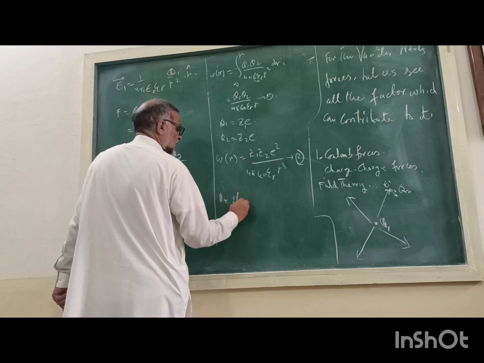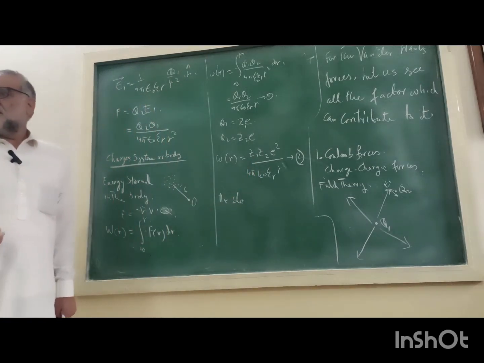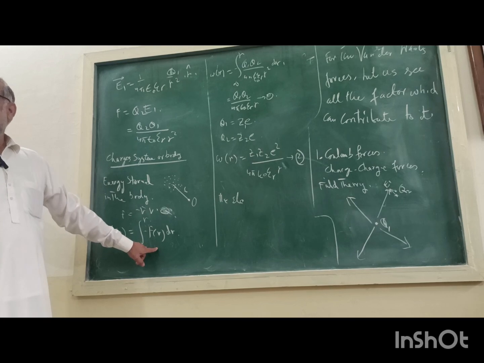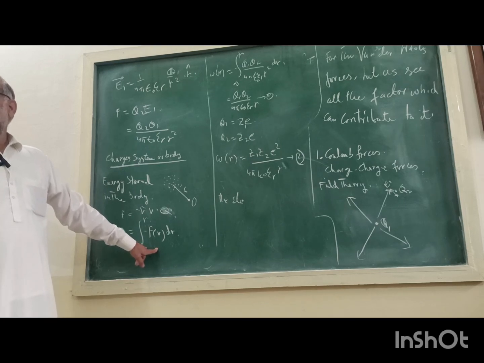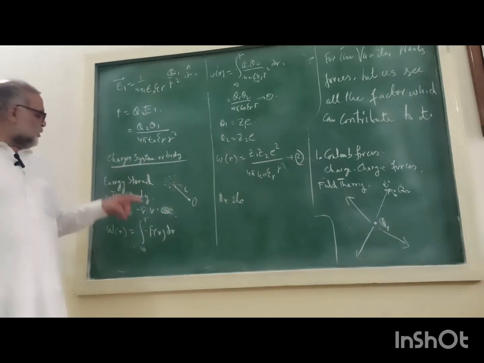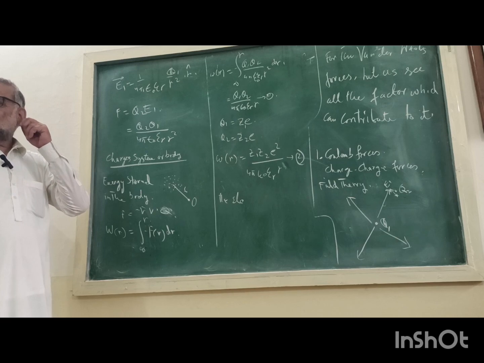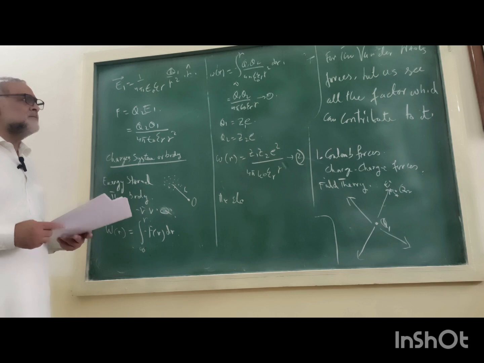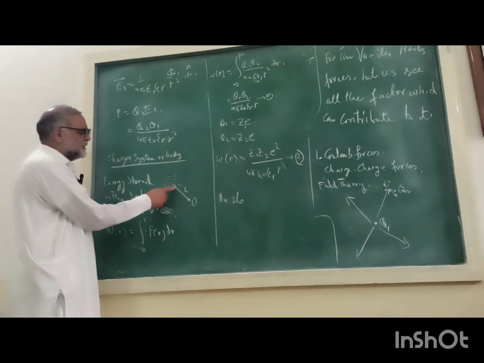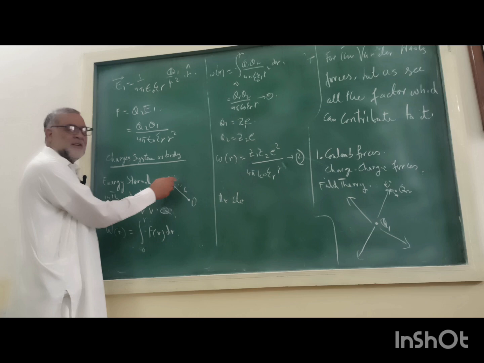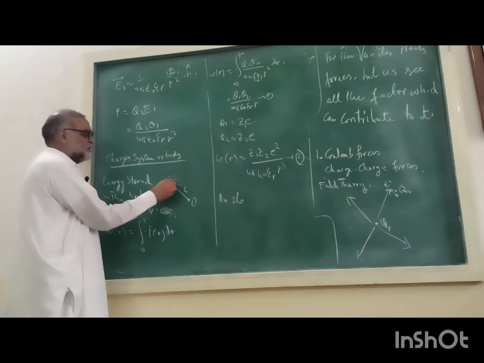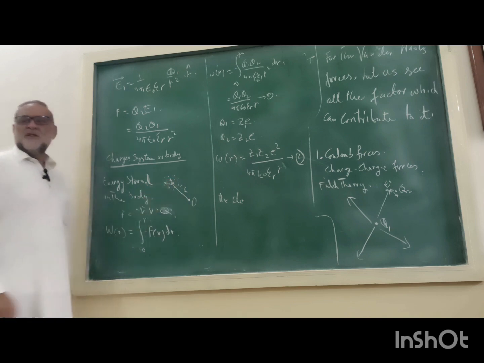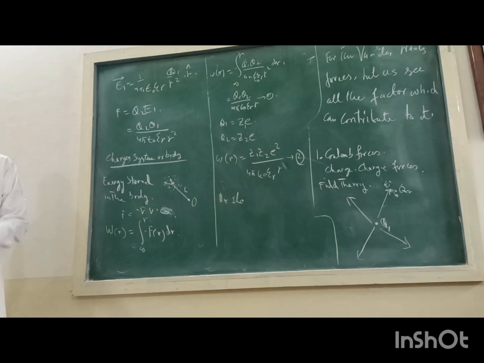This equation gives you the electrostatic energy of the system. It's not just two charges, but many charges, because we have integrated this over the whole body. You have integrated from infinity to a position R. So it's the whole body, not two charges.